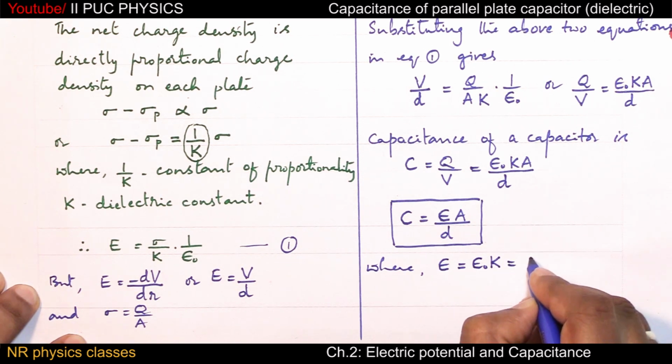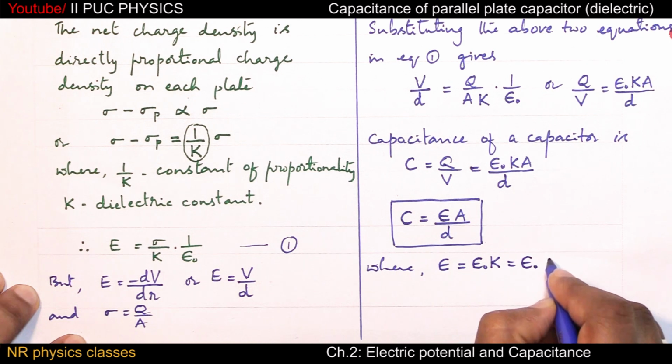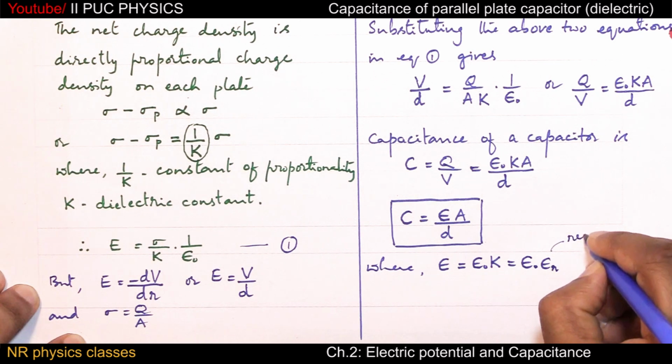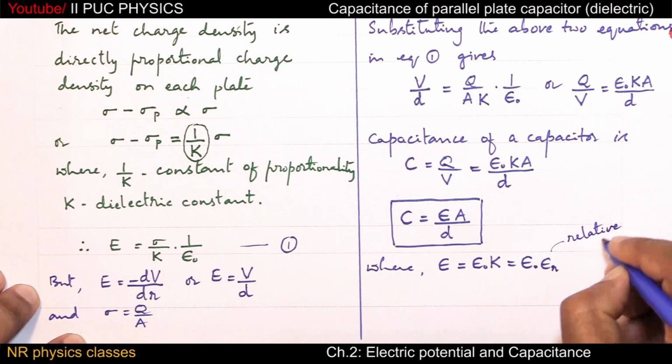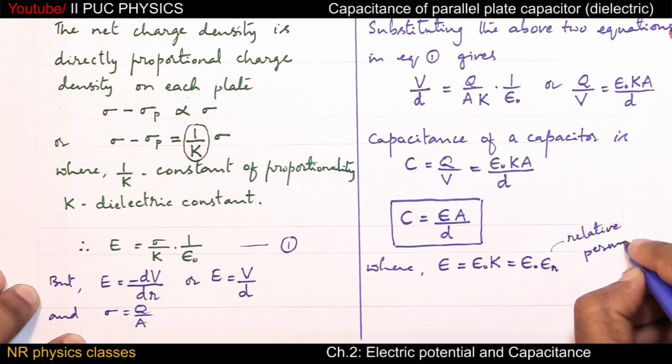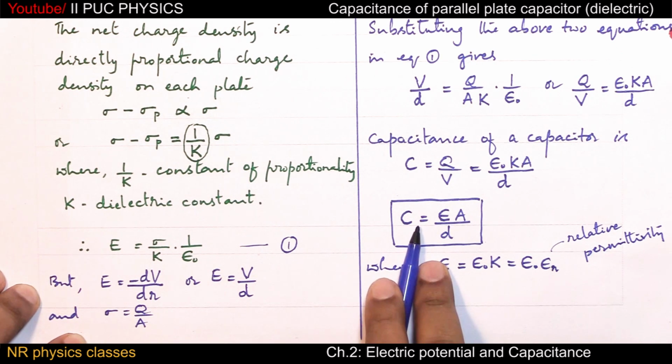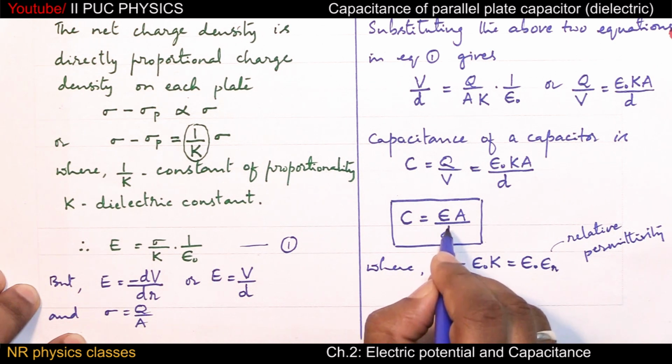Sometimes dielectric constant is also denoted by epsilon R, also called relative permittivity of the medium. So this is the expression for capacitance of a parallel plate capacitor with dielectric medium.